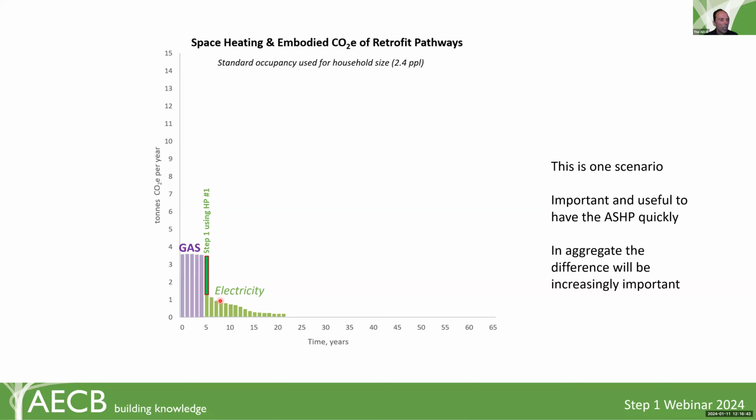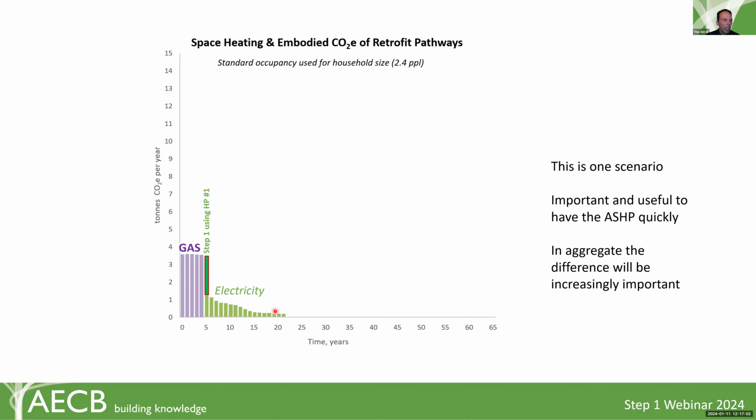And then you see the operational CO2 from the electricity, this series of bars that are tailing off. That's showing you that the grid is decarbonizing and the CO2 factor is reducing over time.